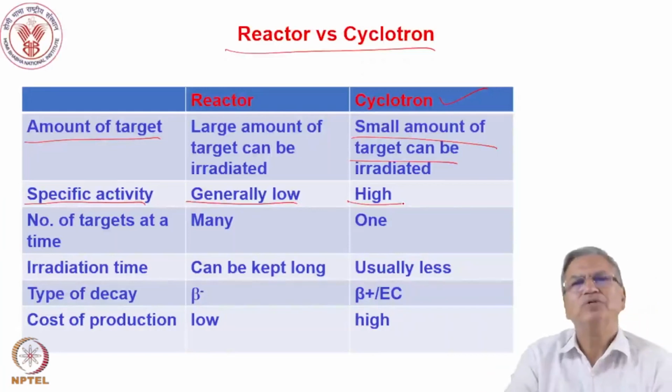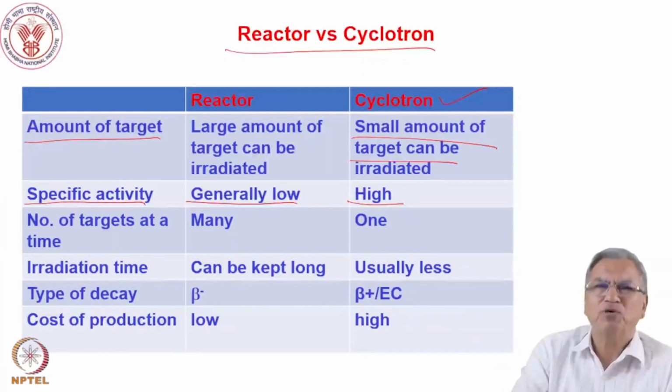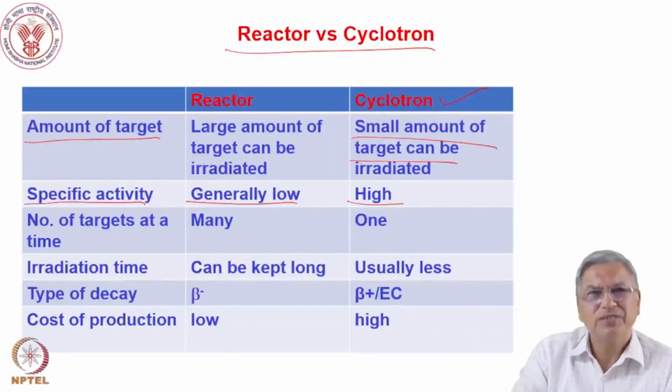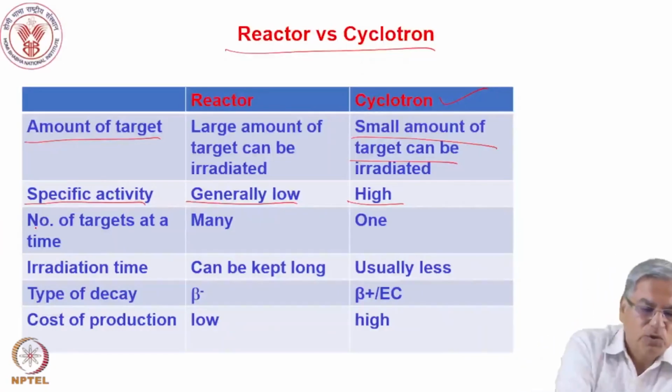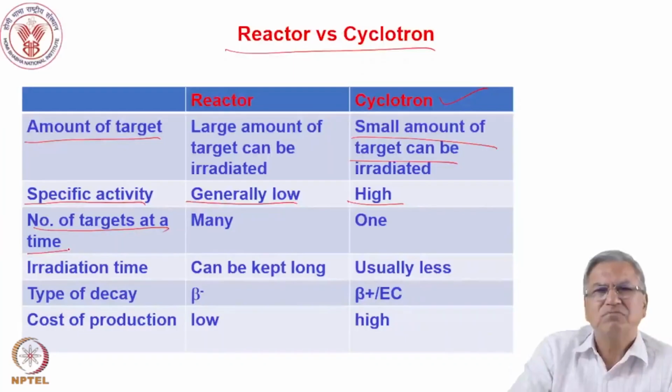In a cyclotron, you are using a charged particle, so you are changing the atomic number of the radioisotope compared to the target, and therefore you have very high specific activity. On the number of targets at a time, in a reactor you can irradiate a large number of target materials.